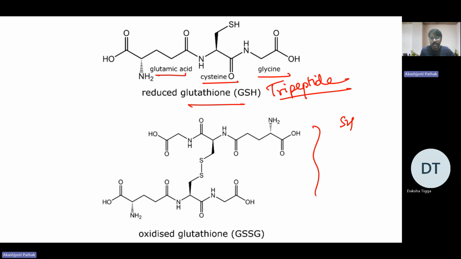So this reduced glutathione is the substrate of which enzyme? It is the substrate of GST. GST specifically binds to reduced glutathione. It does not bind to oxidized glutathione. So remember this. In the MCQ, you can be asked whether the substrate of GST is reduced glutathione or oxidized glutathione. Then the answer is reduced glutathione.